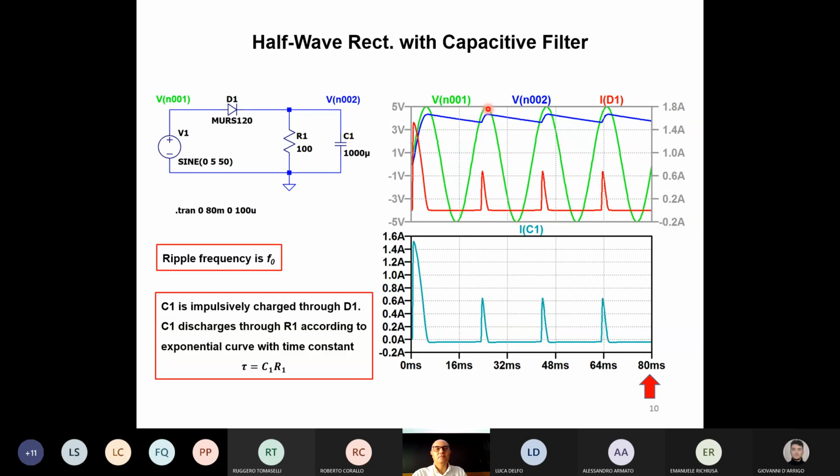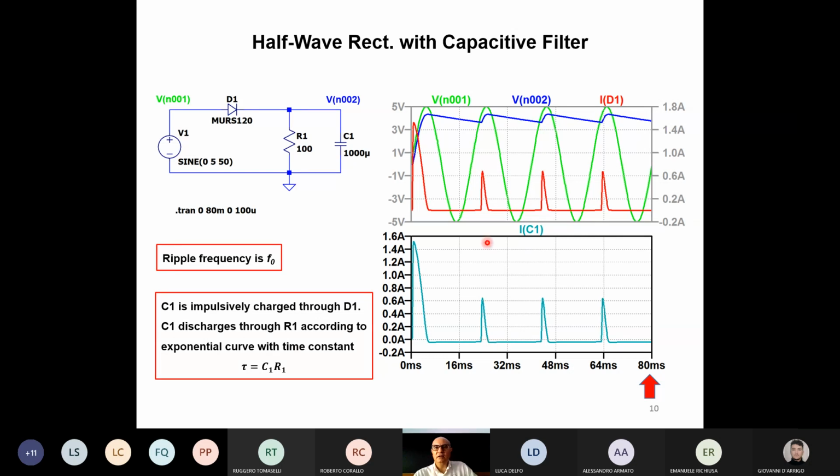You see? Then the input voltage goes down, the diode opens, and we have the discharge of the capacitor through the resistance, okay? Basically the peak current in the diode and the peak current in the capacitor are almost the same.